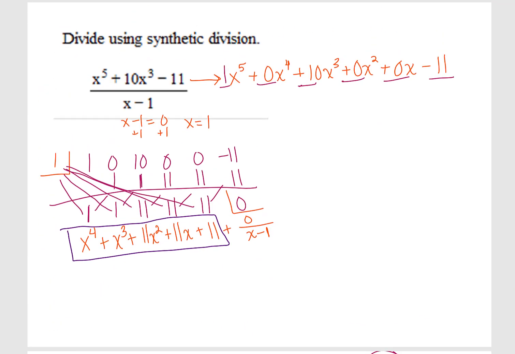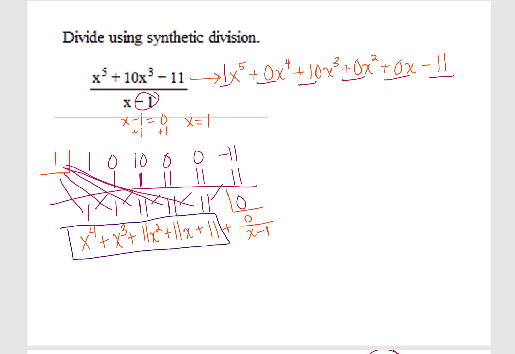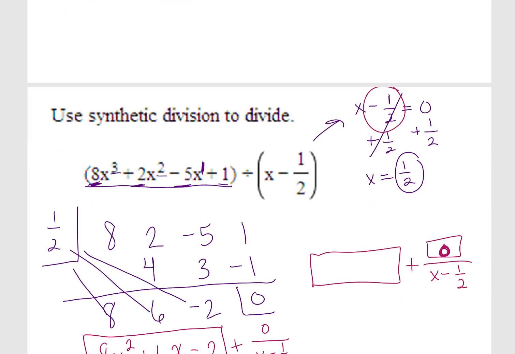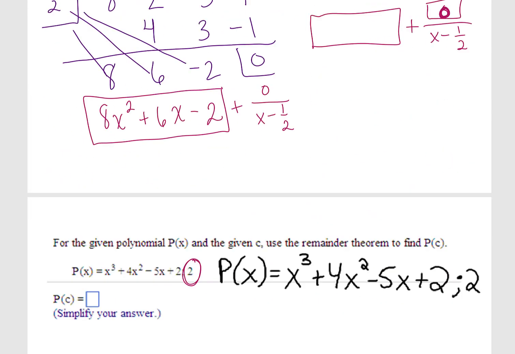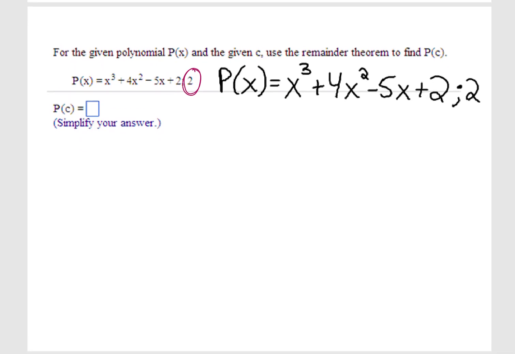It was x minus 1, and we got a positive 1. It was x minus 1/2, and we got a positive 1/2, right? So a lot of times the students just get set in saying, oh, it's the opposite, it's the opposite. Well, be careful, because when they give you this number, that goes directly in the pocket. There's no taking the opposite of that, okay?